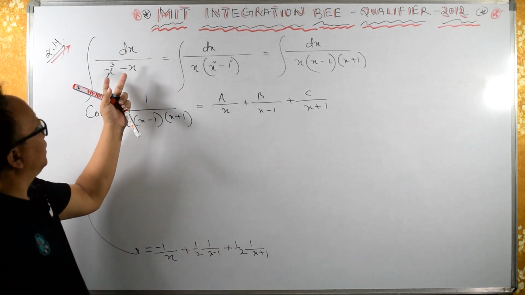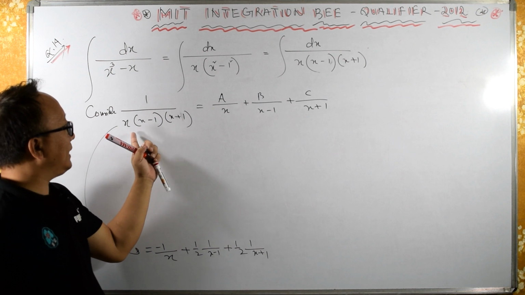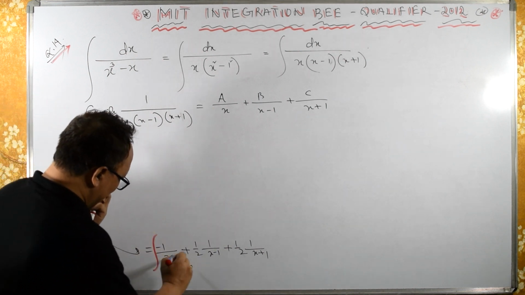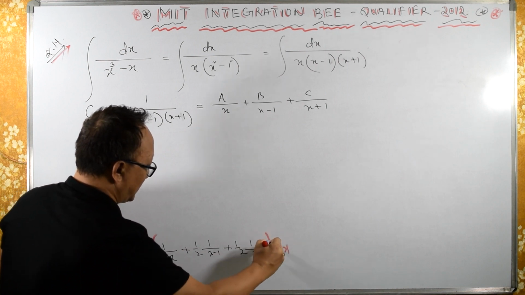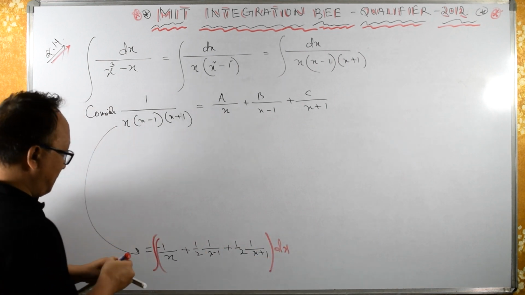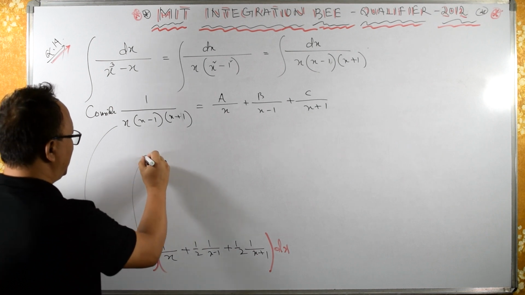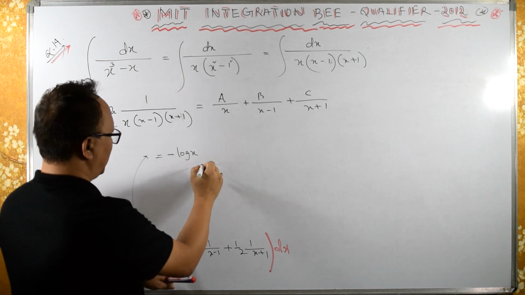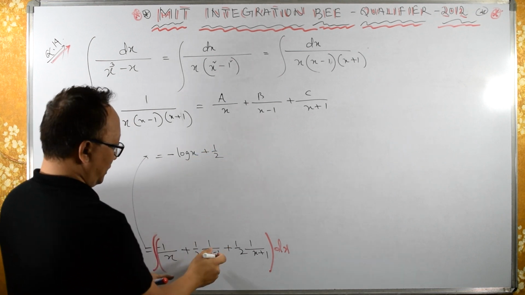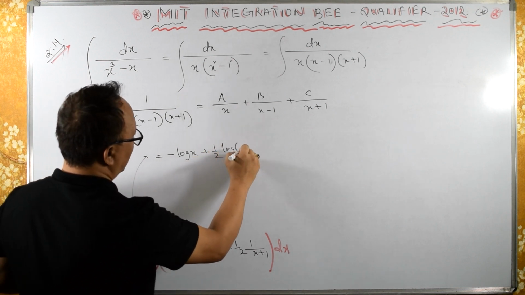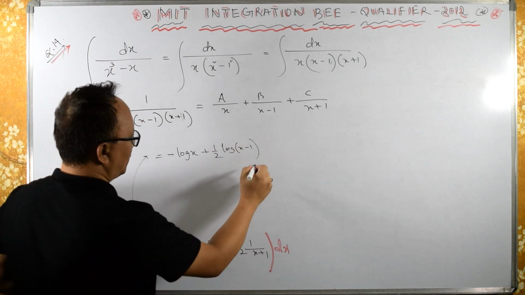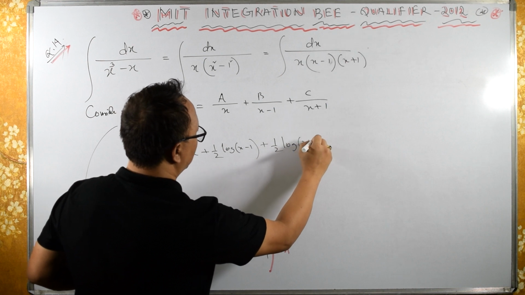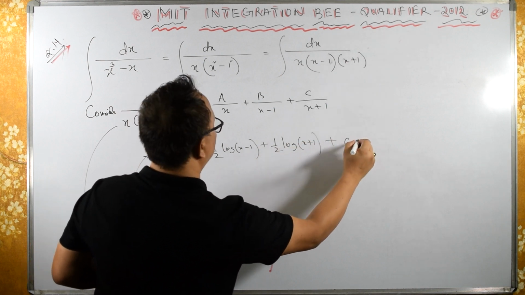So now let's take the integral on both sides with respect to dx. This equals minus log of x plus half log of x minus 1 plus half log of x plus 1 plus some constant.